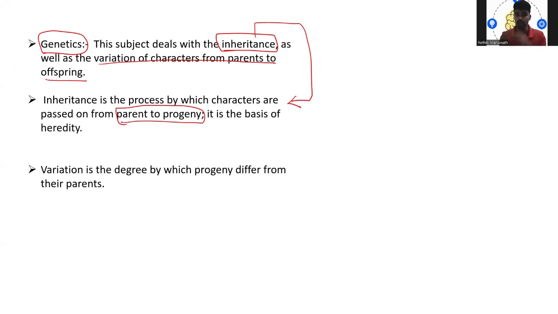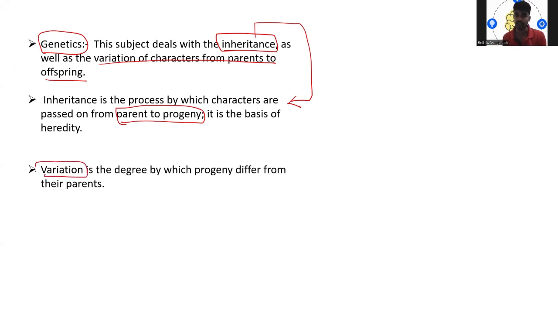That is the base of hereditary characteristics. Hereditary characteristics are whatever your parents or grandparents had, passed from generation to generation to you, and it will be passed to your next generation.